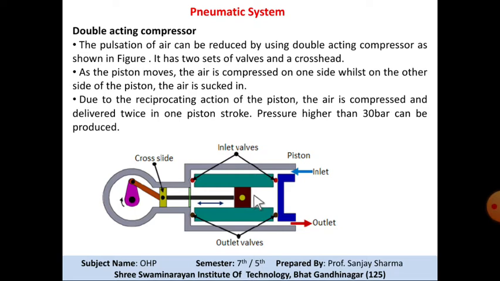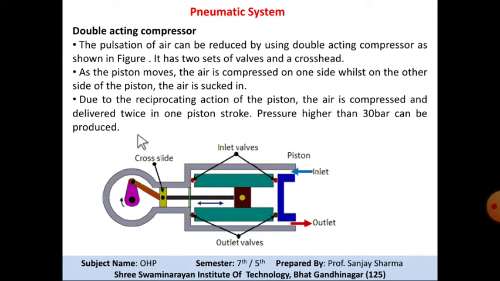Now, as soon as it reaches the bottom position or extreme leftmost position, whatever air was collected during the suction will start delivering when this moves from left to right. When it moves from left to right, whatever air on the piston side is filled will be delivered from this port, and again here the suction will take place. So the air from this valve will enter, suction on this side.